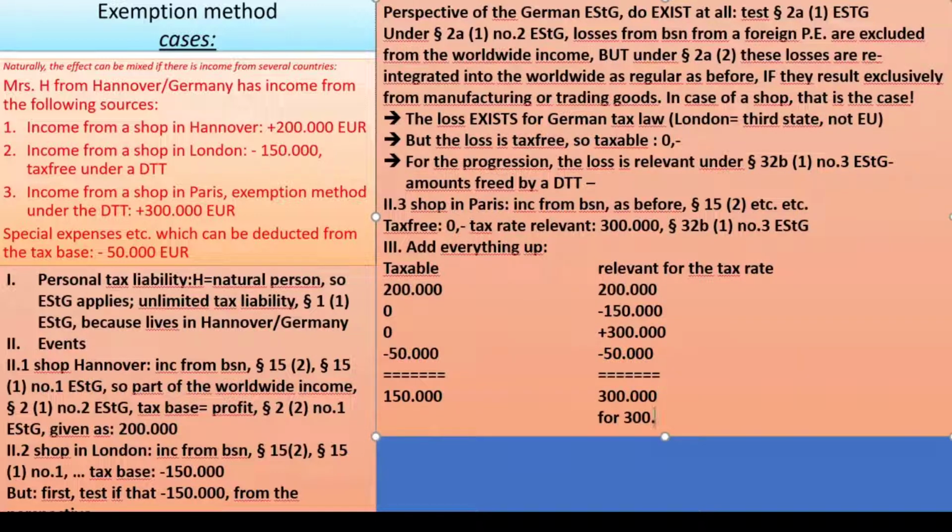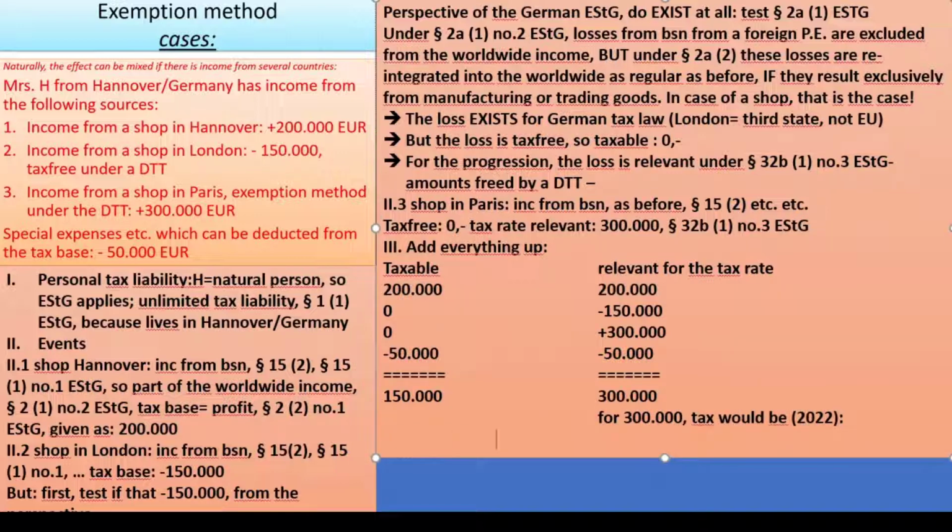So for 300,000, the tax would be in 2022 0.5 times 300,000 minus this. So there we would come to 135,000 minus 17,602.28.